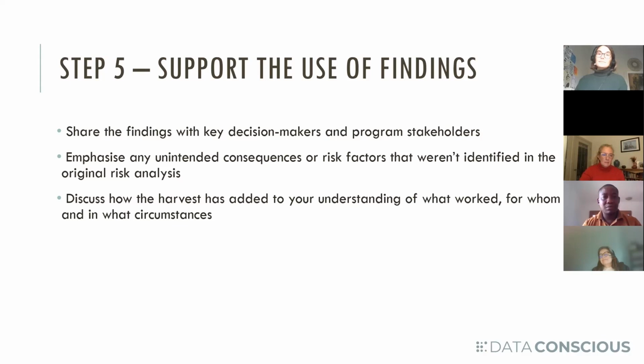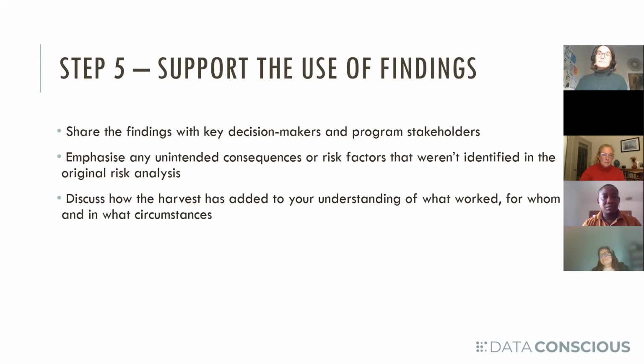And there are obviously ethical risks to doing this work. So you need to make sure that the feedback we get from these types of tools is fed back into decision making. So of course, as a separate step, make sure you share the findings with people who have the ability and the power to make changes in the program, or perhaps design a better program in the future, or think about targeting in the future.